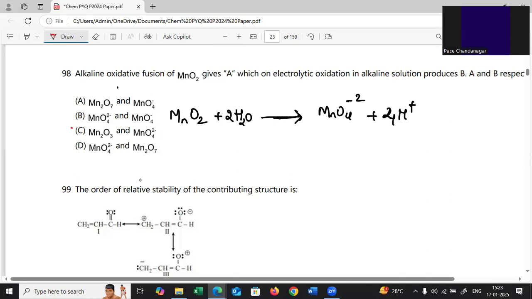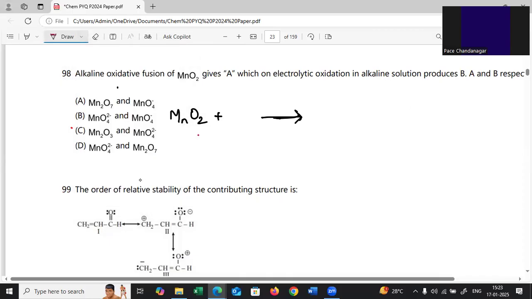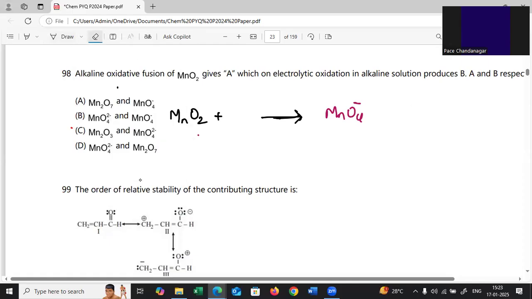Oh, for one second, I'm again drawing this. So MnO2 will be giving us MnO4 minus 2. Okay, MnO4 minus 2. Now, MnO4 minus. Now what?